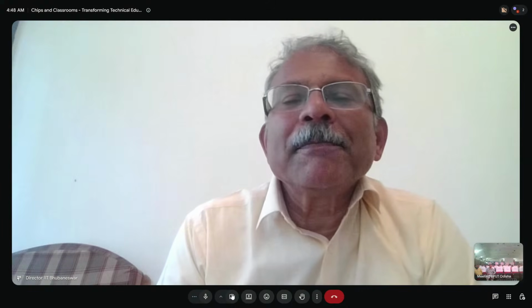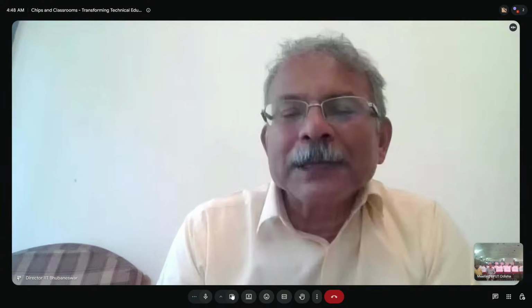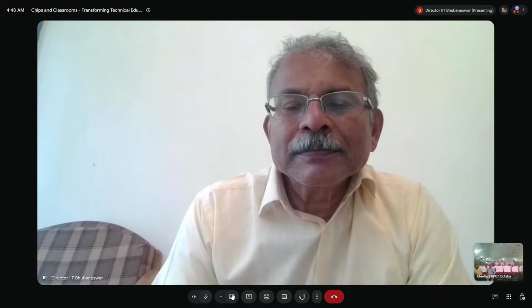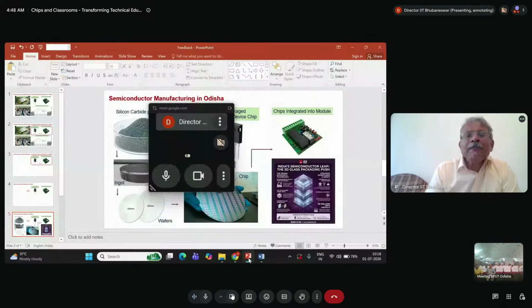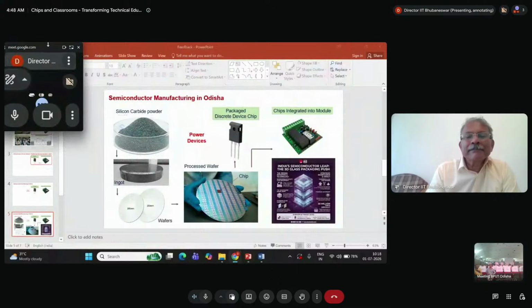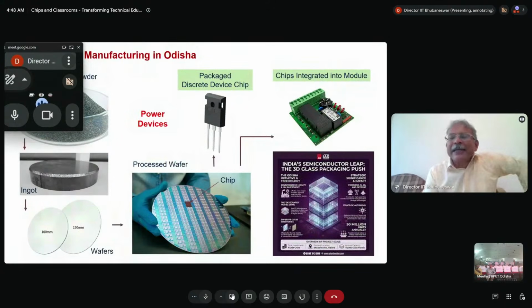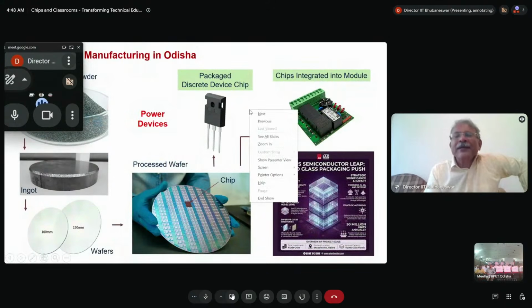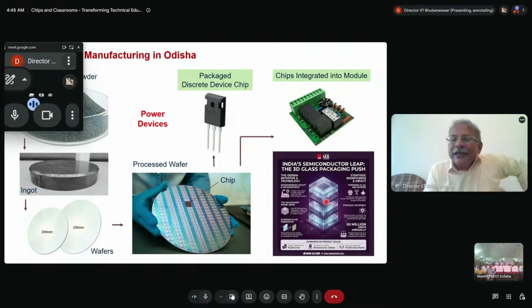Now it will be visible. Is it visible now? So you can see this particular, here, at the end, 3D glass. Can you see this 3D glass? You can see how many layers are there. It all depends. You can have multiple layers, 4 or 5 layers.